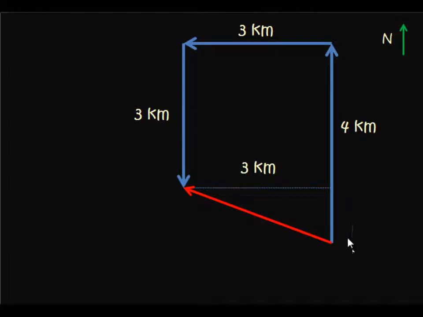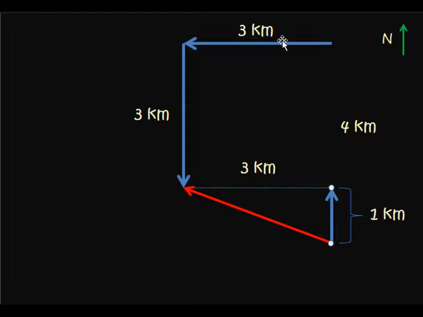And the length of this side of the right triangle is just the entire length of this side, 4 kilometers, minus this 3 kilometers, or 1 kilometer.